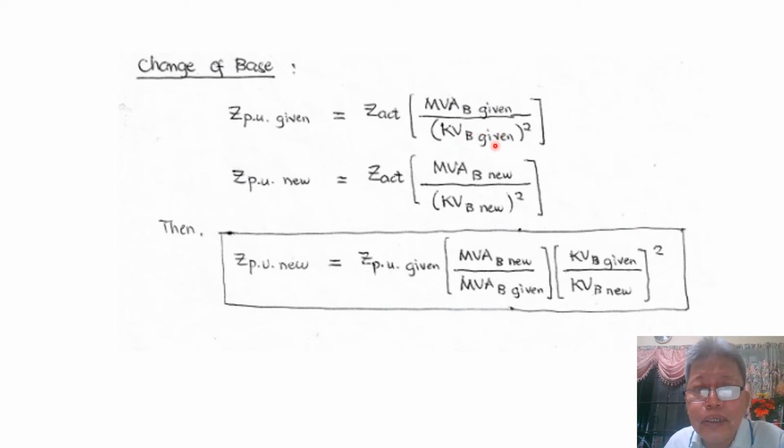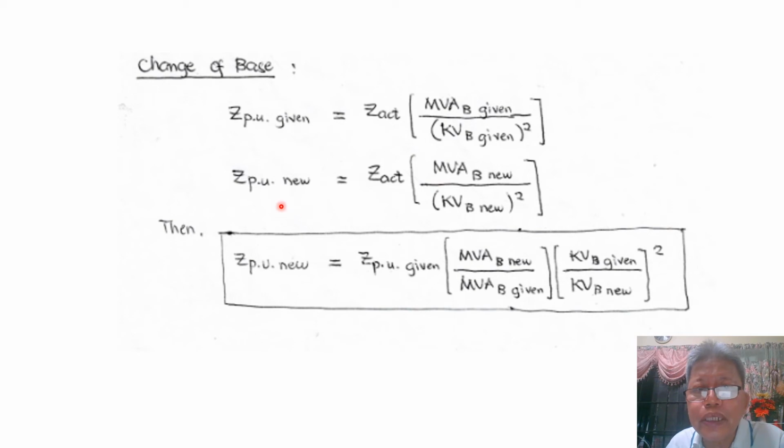Now, since we are talking about a power network where we have several voltage levels, we need to change the per unit values of these generators and transformers to a new value such that we use the common MVA base.